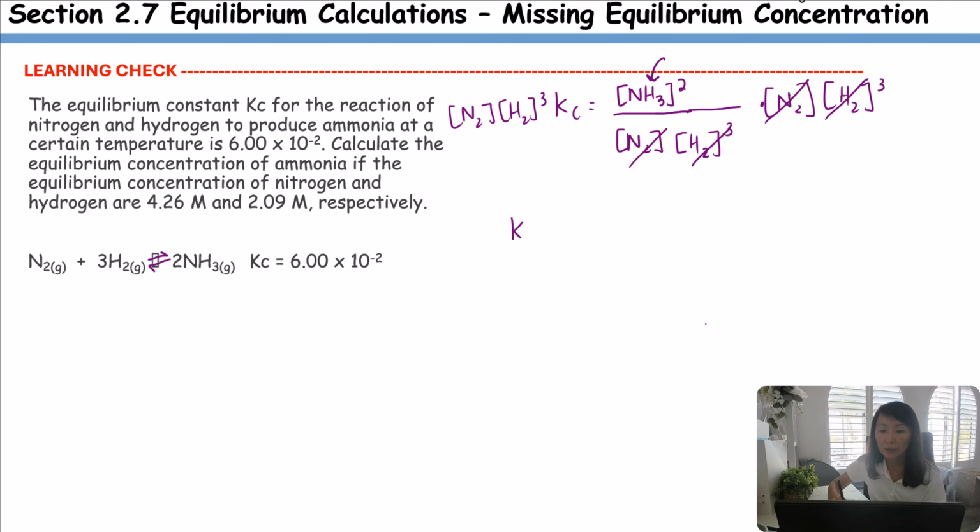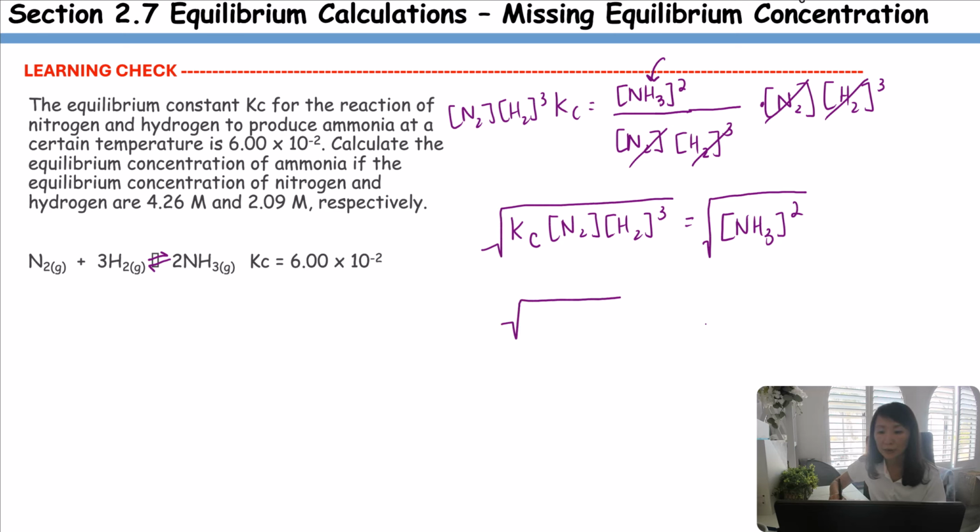To rearrange this, I like to put the Kc always in the front: Kc times N2 and H2 to the third, and that is equal to the ammonia to the second power. Now let's square root both sides to get rid of the square that is on the ammonia.